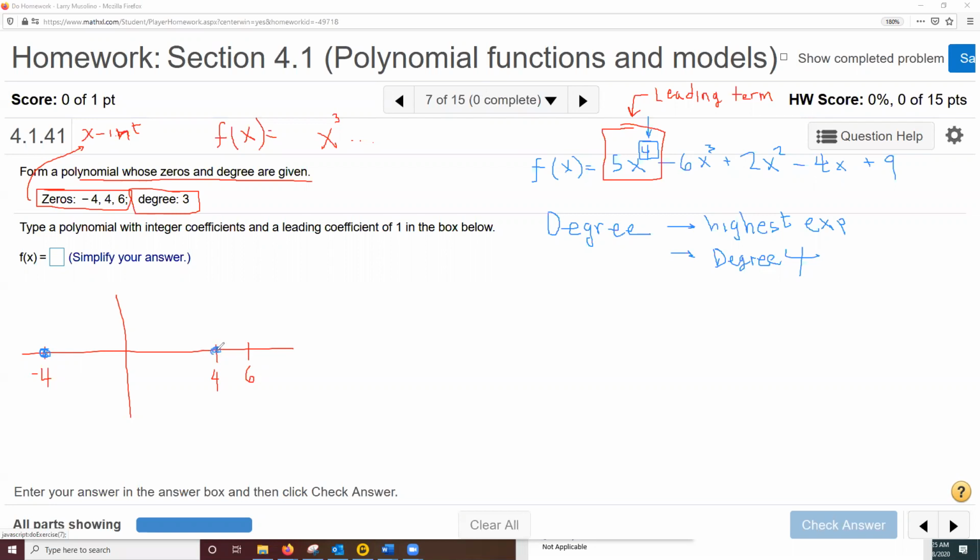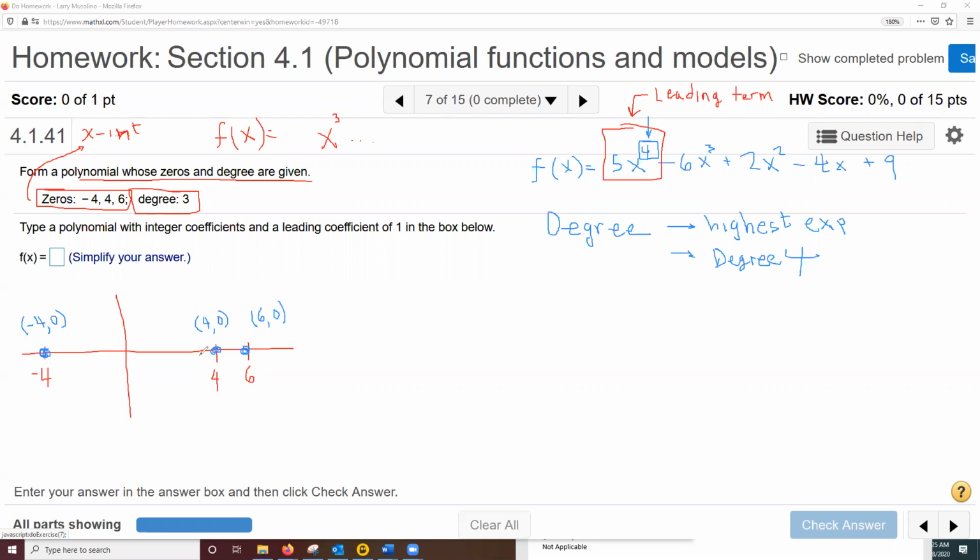And if I was to write the xy coordinates for each one of these points, this would be -4, 0. This would be 4, 0. And this would be 6, 0. Notice how for each one of these x-intercepts, the y value is 0. That's why we call these numbers zeros.